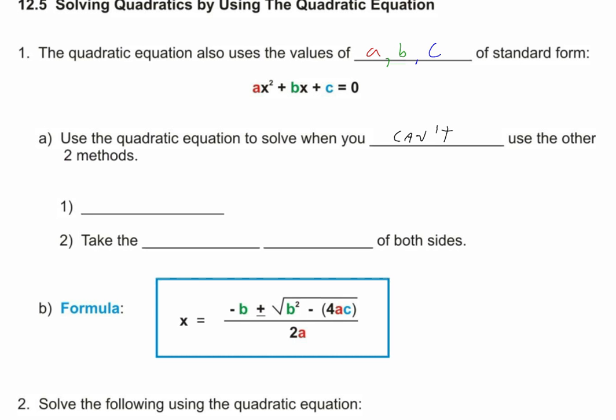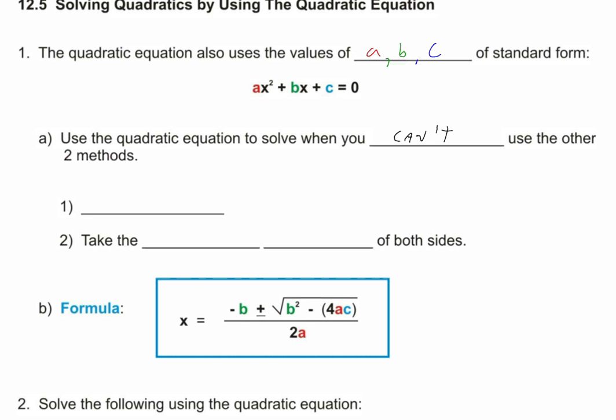The quadratic equation only works for quadratics, 2nd degree. So that's why you don't just learn the quadratic equation and nothing else. We got to learn those other 2 methods because not only do they solve quadratics and not only are they the most efficient way of solving quadratics, they solve a whole host of other things as well, and we learn them on the easier, most simplistic form of those equations.